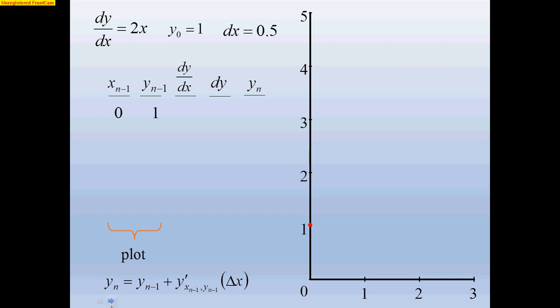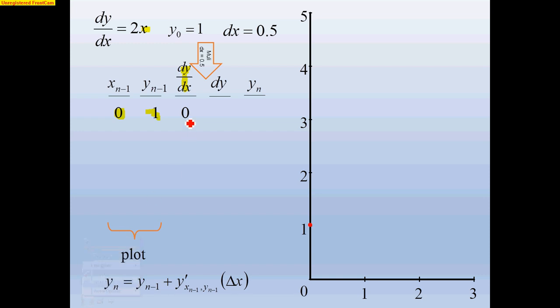There you go, 0, 1. That's my initial condition. My derivative at 0, 1 is 0, right? So take 0 and 1 and go to the derivative and plug in. Now again, this derivative only depends upon x, so you're really just taking the 0. Then multiply by dx, right? Does that make sense?